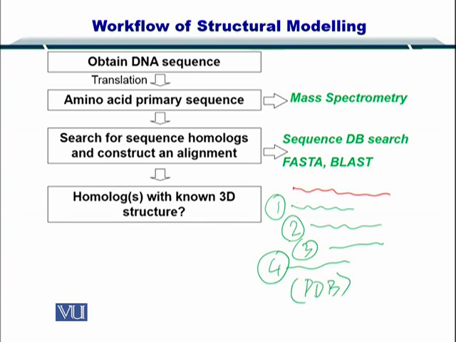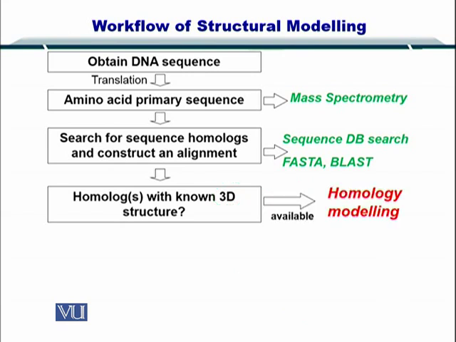Let's say all 4 of these sequences had a protein structure for them in the PDB. In that case, you are in a good position to perform homology modeling because the 3D structure of all these proteins is known, right? But it can be the case that one of these proteins does not have its structure known. In that case, you can leave that sequence out and only perform homology modeling for those sequences whose 3D structure is also known. So you move on to homology modeling.